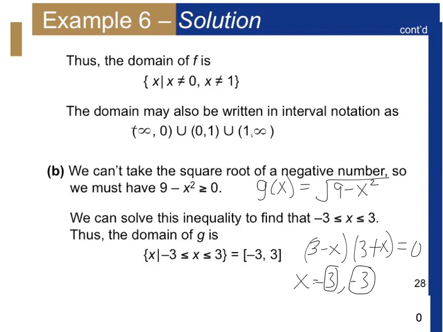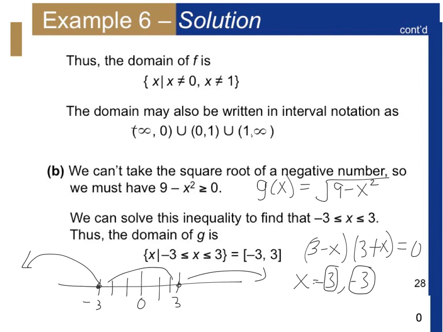And we're going to set up our intervals. So we have 0 here. We have 3 here. We have minus 3 here. So these are our key numbers there, there. And remember, we have to set up our intervals. So we do this, this, and this. And then we pick a number in each one. So if we try, let's say, minus 4 here.